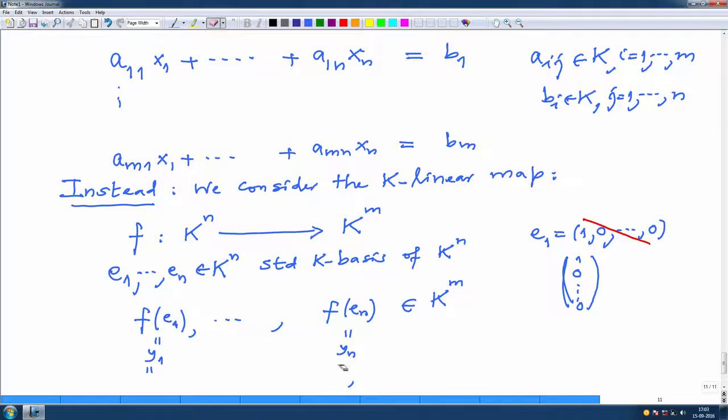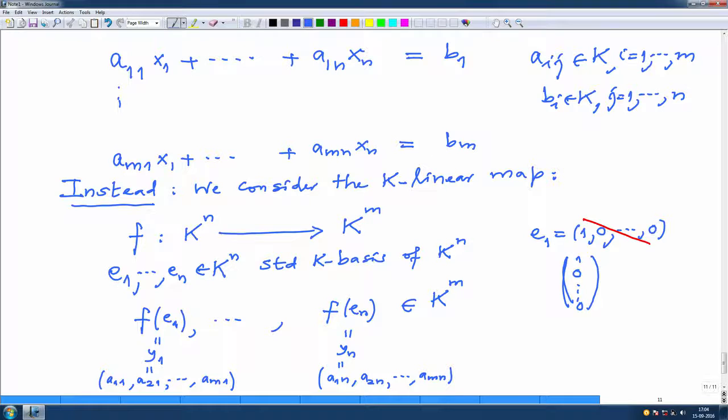Y1 is A11, A21, up to Am1. Yn is A1n, A2n, up to Amn.